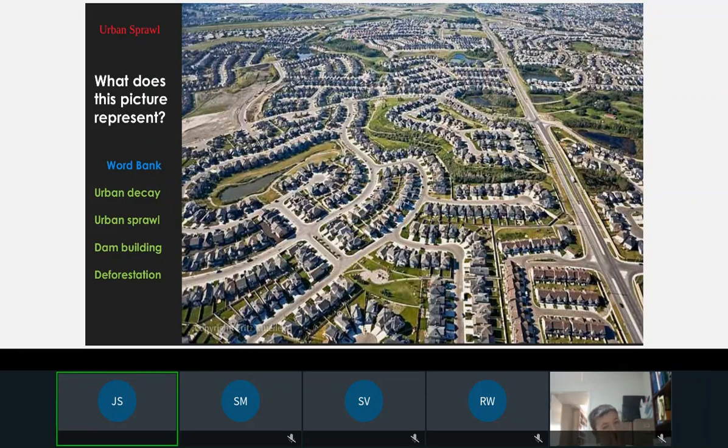What's the big problem with, and this is a big question in your writing test this week. What is a problem with urbanization and urban sprawl? Think of the environment. This is the question you're being asked. Think of the environment. Not necessarily desertification, although it can lead to that, but there's something else.